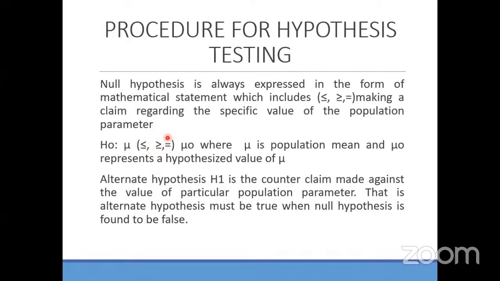But in the third case, if it is equal to, the alternate hypothesis will have not equal to. That means either less than or more than. So the sign of the alternate hypothesis determines the test: if it is a one-tailed test, it is left or right; if it is a two-tailed test, what are the two tails, right?